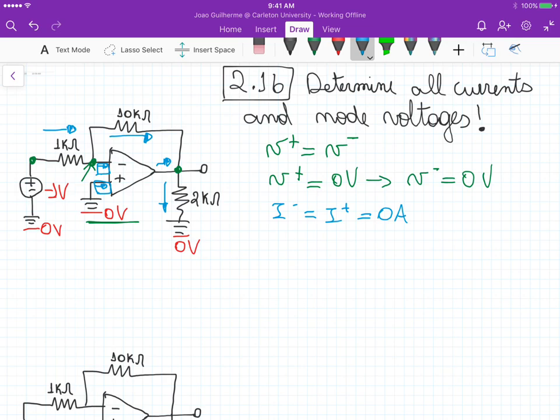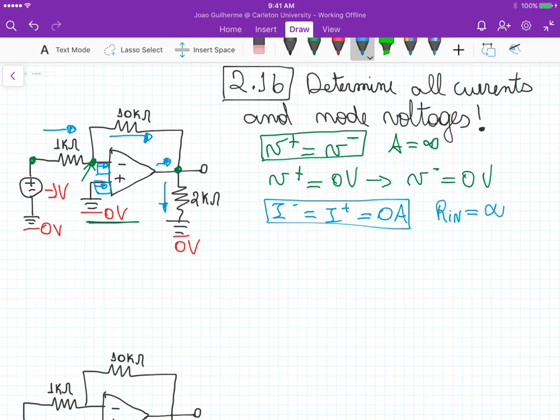Remember that the first assumption comes from the open loop gain being infinite, and this one comes from the assumption that the input impedance, or resistance, is also infinite, so there's no current flowing inside of the op amp. So we have defined those two currents and those two potentials.